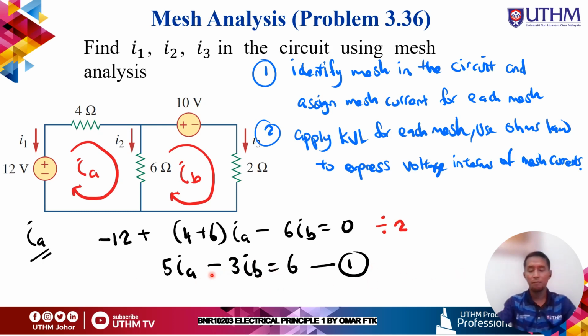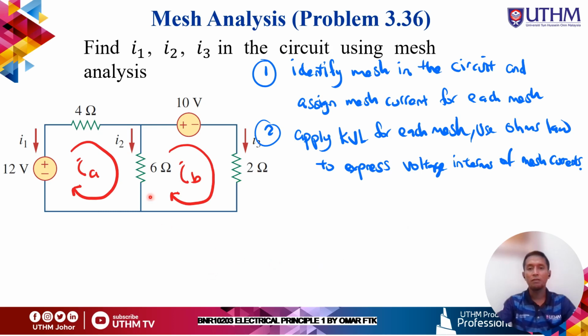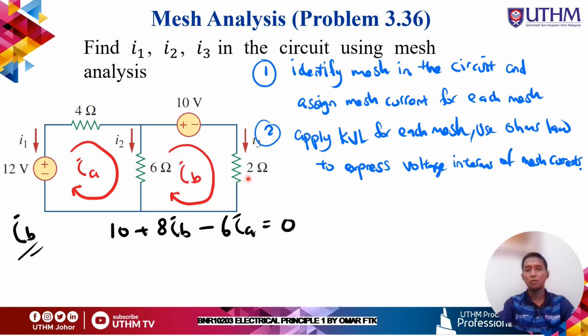Okay, the second loop, IB. We have 6 (IB minus IA) plus 10 volt, then plus 2 IB. That will be equal to 0. So then from that we simplify to get equation 2.